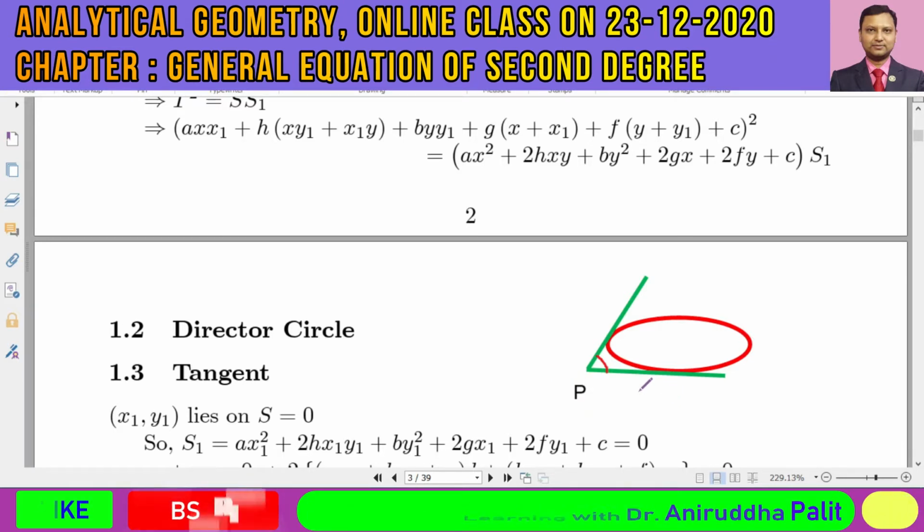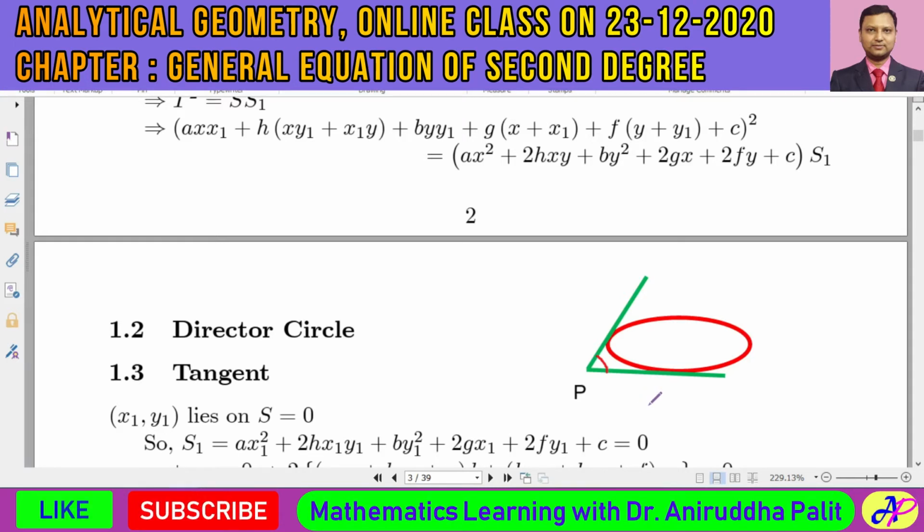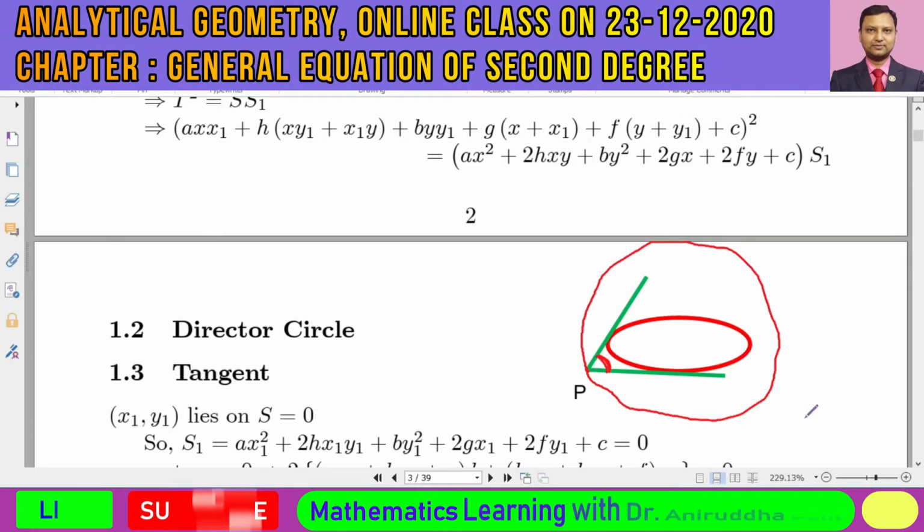Repeating the definition: if this angle becomes 90 degrees, the locus of the point P will construct a circle, and this circle is called the director circle of this conic.